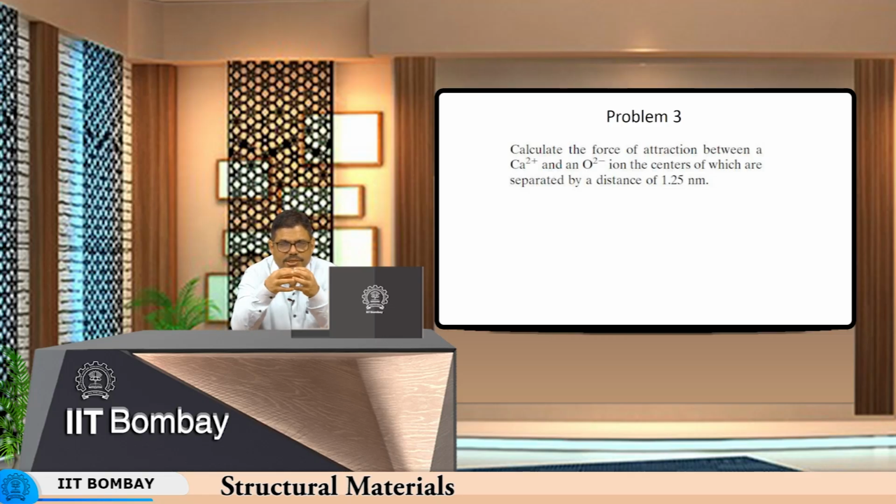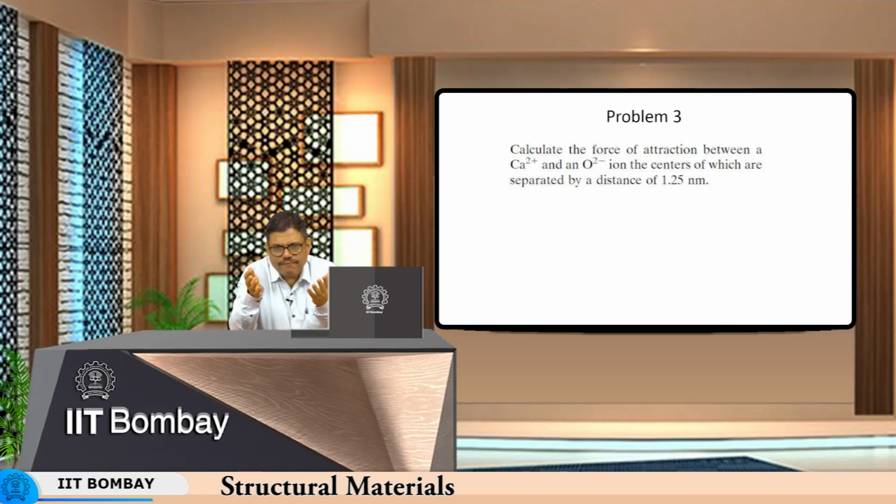If they are touching each other, then the center to center separation will be 0.24 nanometers, but that is not the case. The separation here is 1.25 nanometers. So we need to find out the force of attraction between Ca2+ and O2- ion centers which are separated by this distance, and the same equation which we used in case of atoms applies.